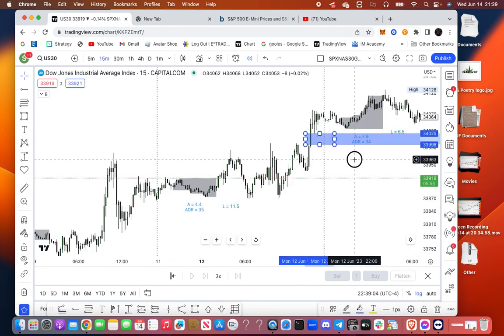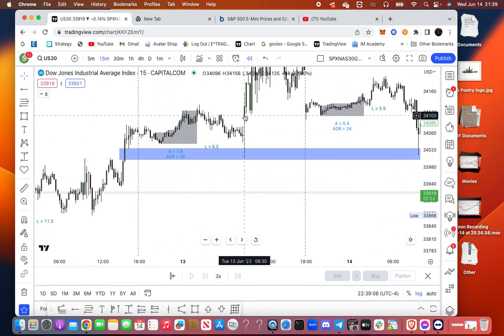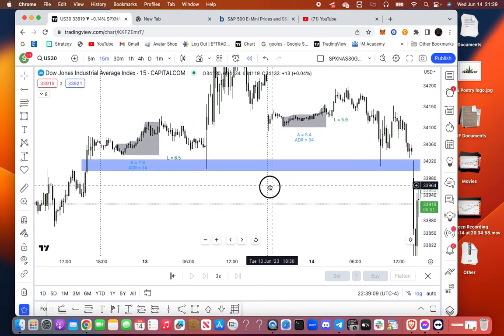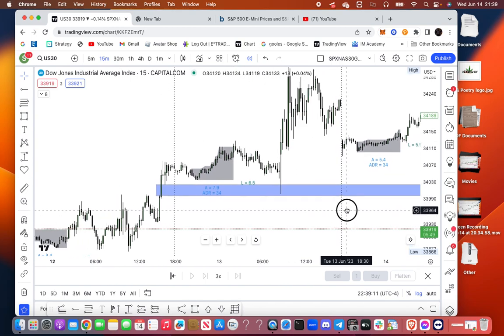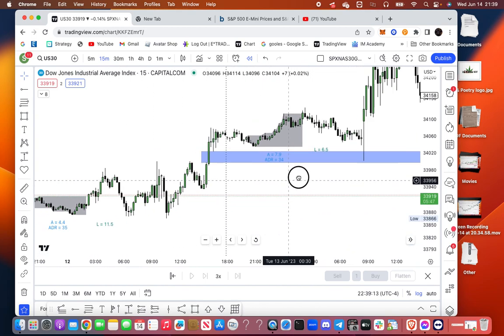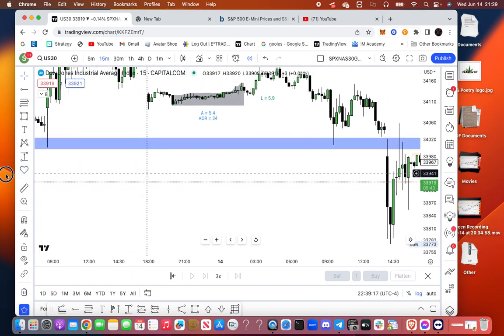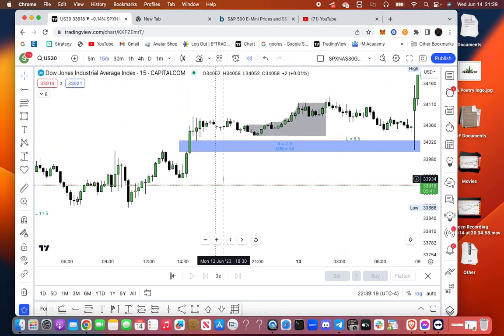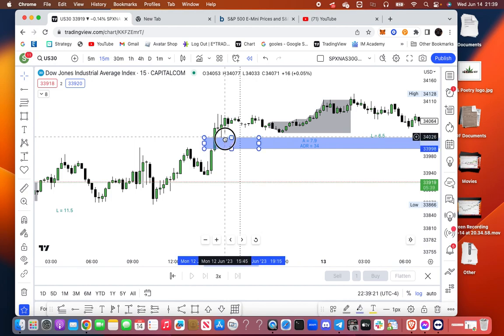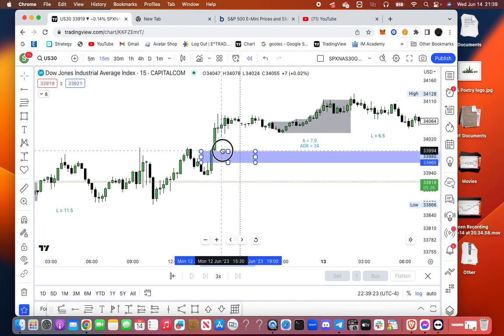Look, that's a fair value gap here. Look, it came back down in there. These fair value gaps are very powerful. Very powerful. You want to see another one? Look at here, when they're on top of each other.